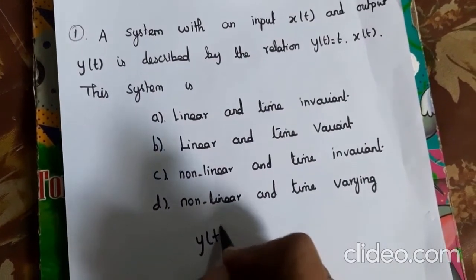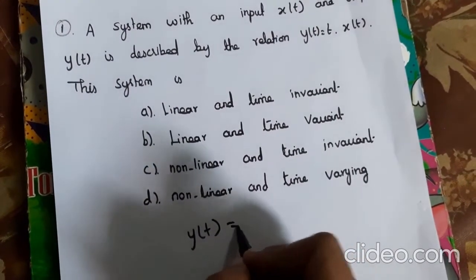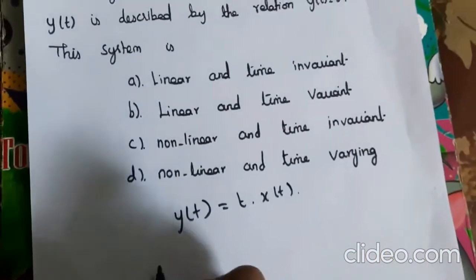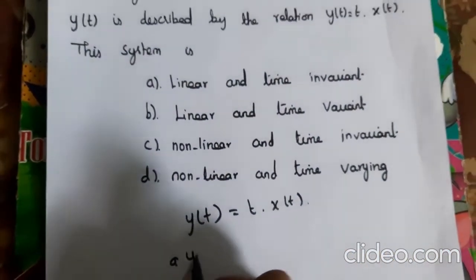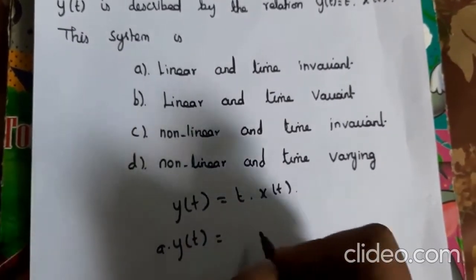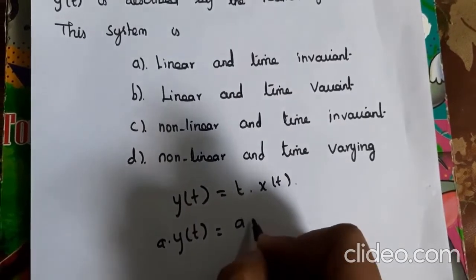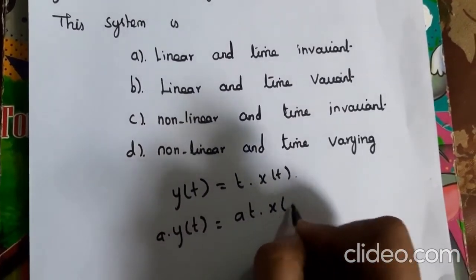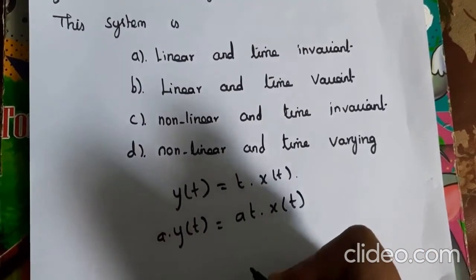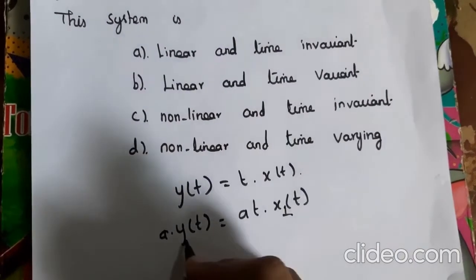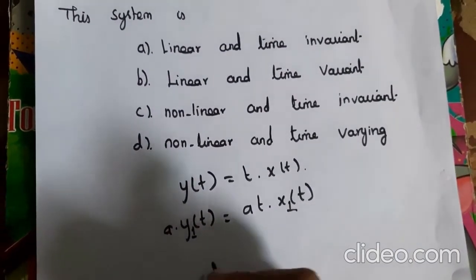Here they have given the relationship between input and output, that is y of t is equal to t into x of t. If you multiply the output with the parameter a, this becomes a into t into x of t. Consider this as y1 of t.